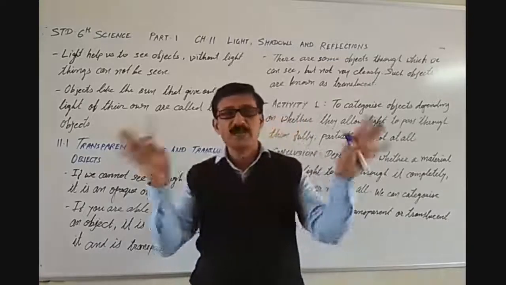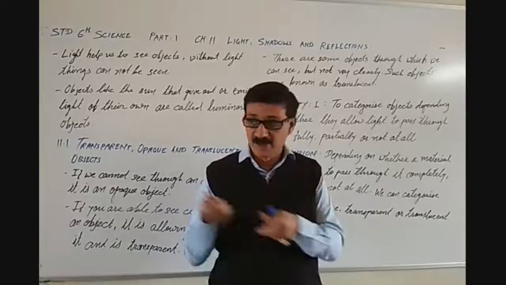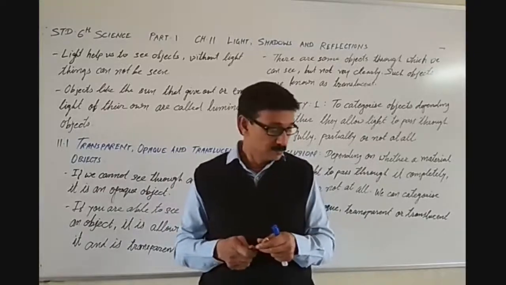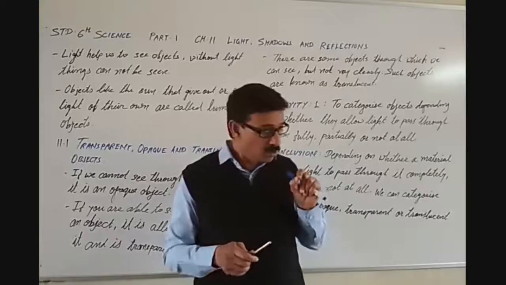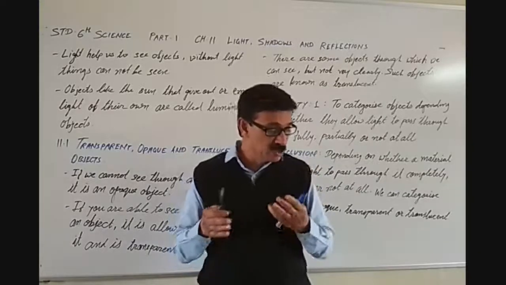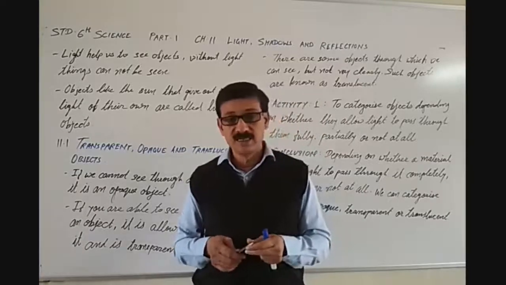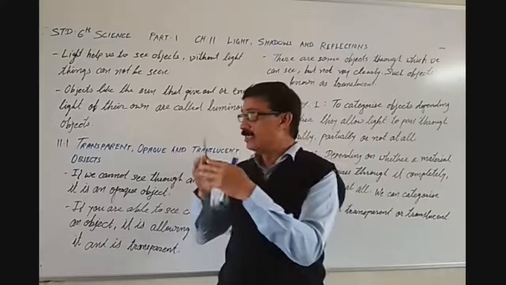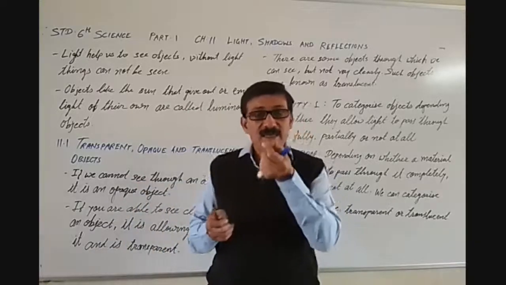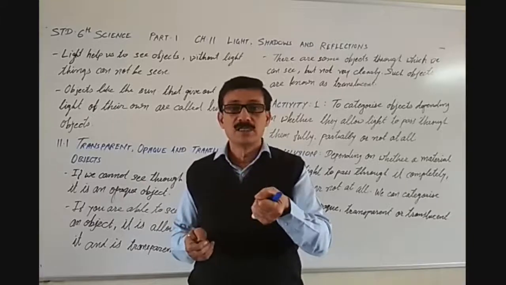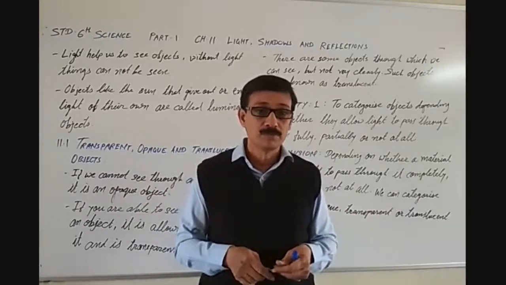The room is completely dark. Then is it possible to see anything that is available in the room? But when you light a candle or a torch, you can see the objects present in the room, isn't it? If it is a dark room, it is not possible to see anything. But if we light a candle or a torch, then it is possible to see what is there in the room.